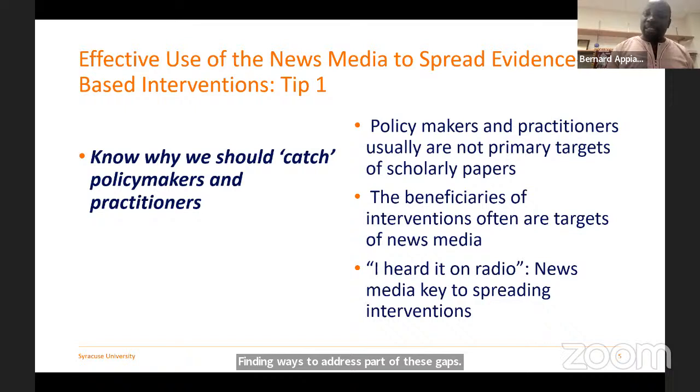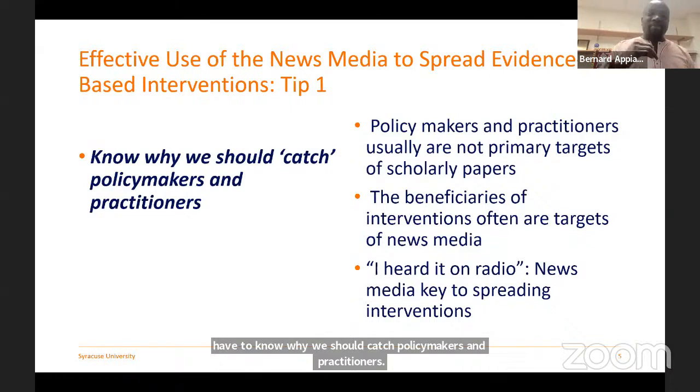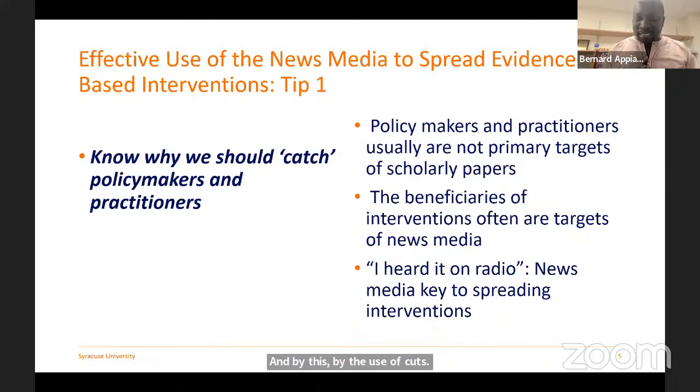If we have to use the news media to spread evidence-based interventions, one tip is that we have to know why we should catch policymakers and practitioners. And by the use of catch, I want to see policymakers or practitioners more as, let me use this example, as fish, okay?